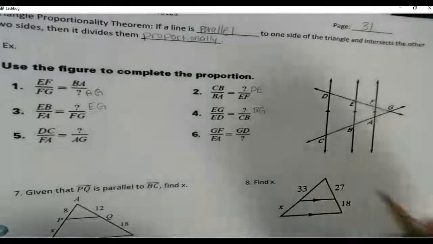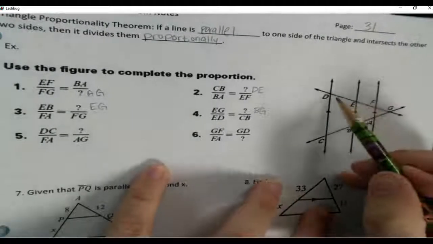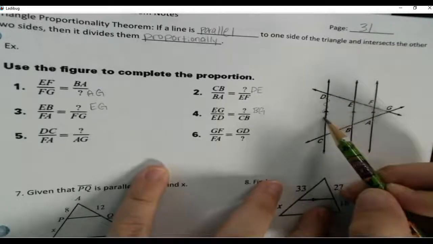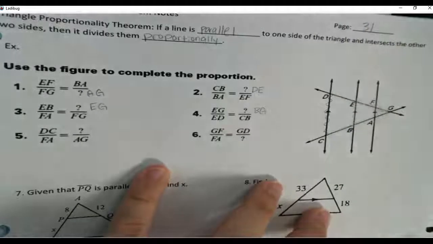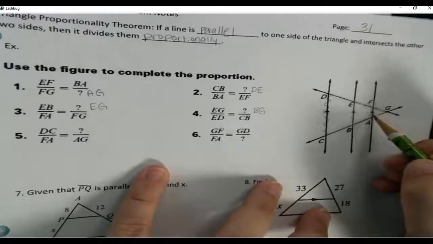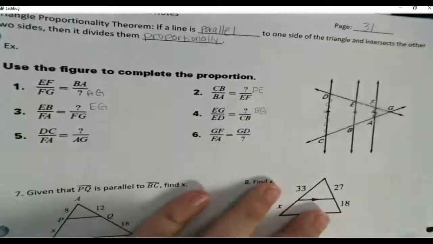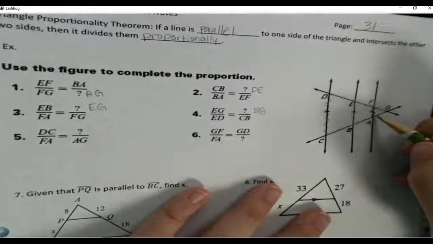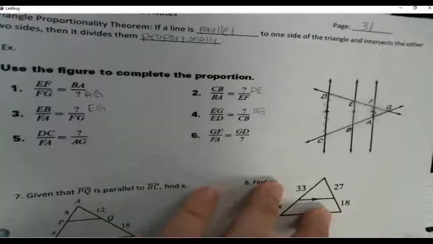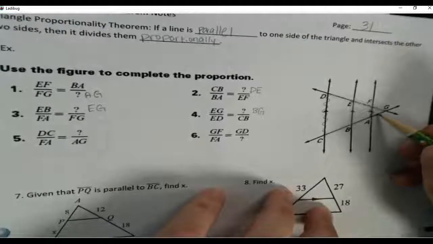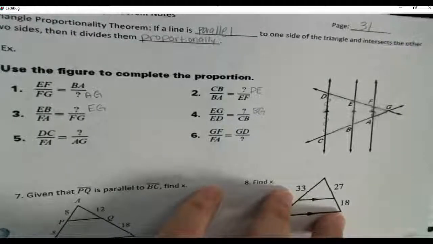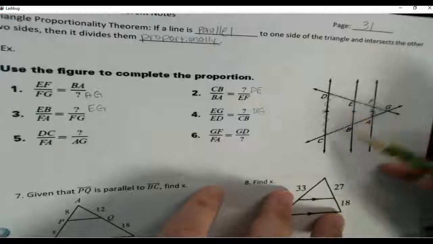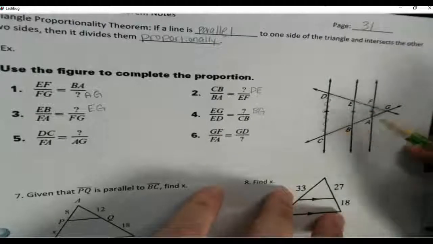Alright, let's look at 5. So 5 I have DC, which is this whole side down here. And it's matching FA, which is this little guy. And then I've got something is to AG, which is this one. So again, this one is different because DC and FA are the entire side length of the triangle.